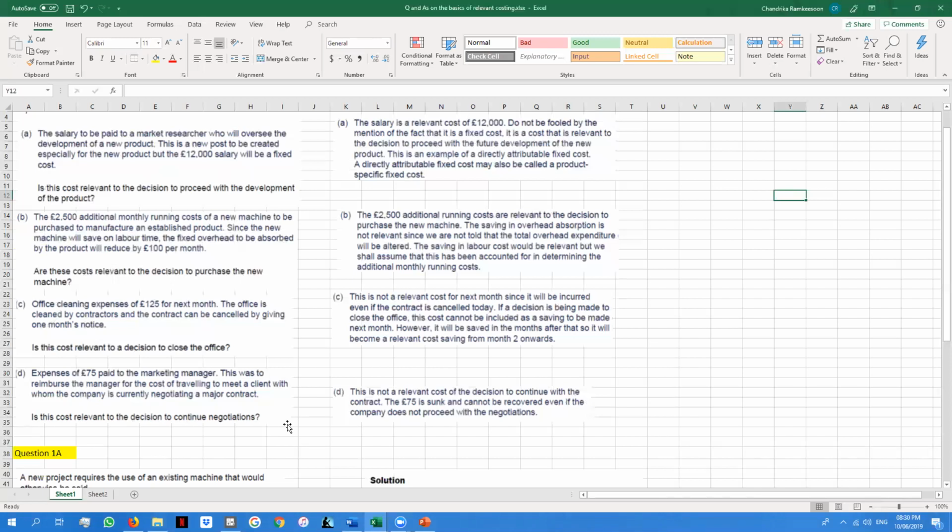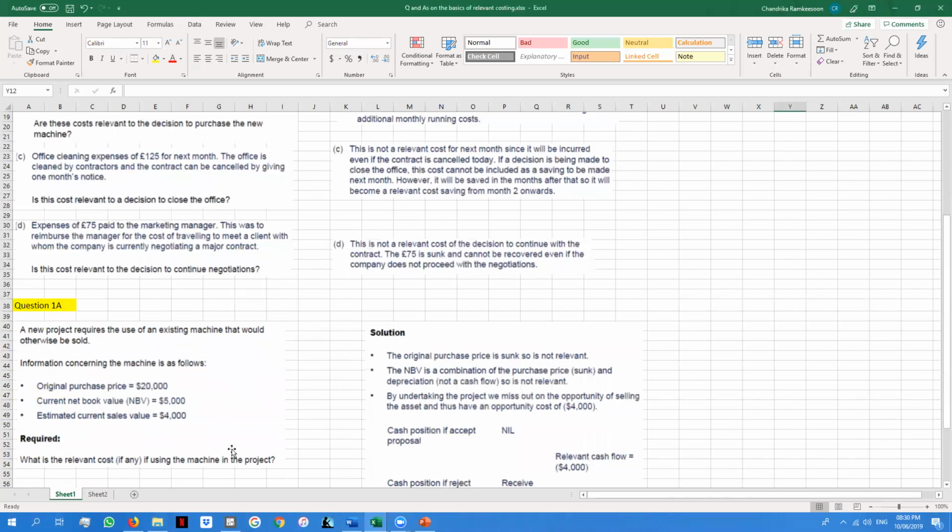But as long as you can figure out it's relevant, you're good. Now, I'm not saying you don't need to know the specific meaning of the terms, because of course the examiner can ask you and can expect you to relate it to a scenario, which we haven't done as yet. But let's take a look at this. A new project requires the use of an existing machine that would otherwise be sold.